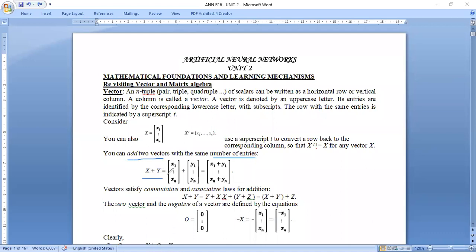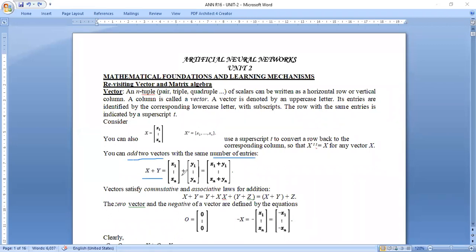X plus y equal to, what are the x entries? The values of the x vector are x1 to xn. The values of the y vector are y1 to yn.